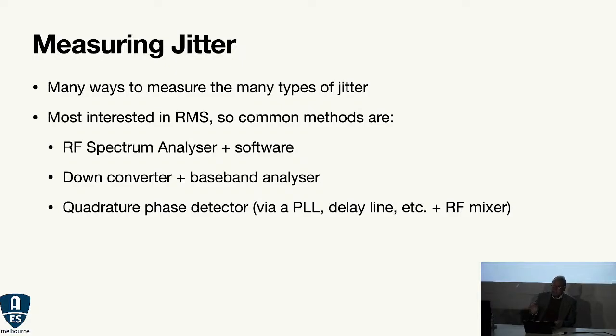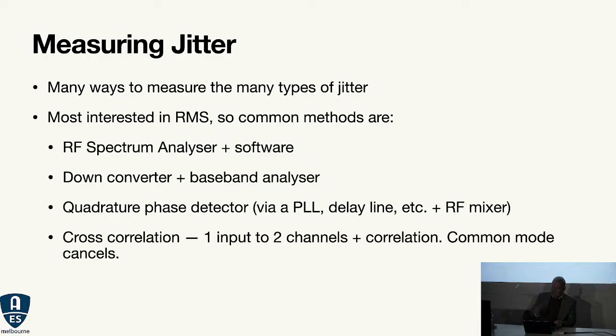Those tend to be narrow band, single frequency, unless it's a PLL, but it's a very effective way of doing it. There's a piece of gear I've seen out there that does a very clever thing where it has one input that gets multed to 2 and measured in 2 systems, which it then does a cross correlation on, so that any noise inside this device, for example its internal oscillators, cancels out.